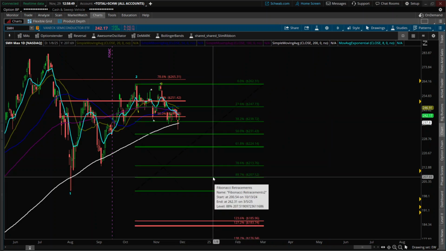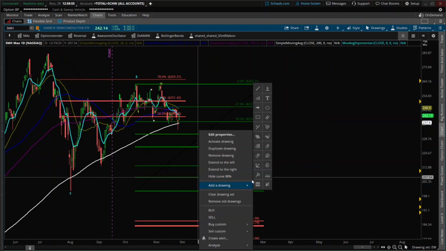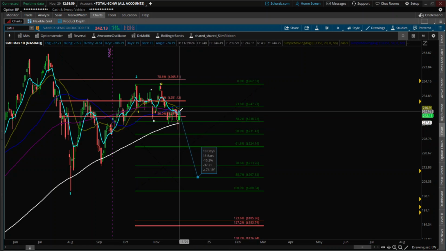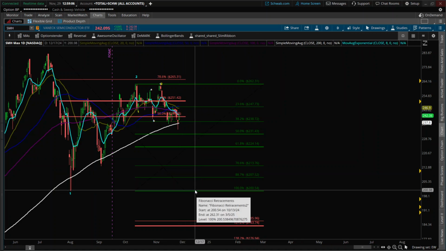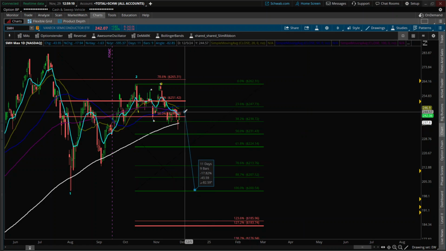I'll give it the benefit of the doubt here. 887 at about the end of December compared to this high. It's only 15%. We did 20% in 2018. From the highs here, about 17%.